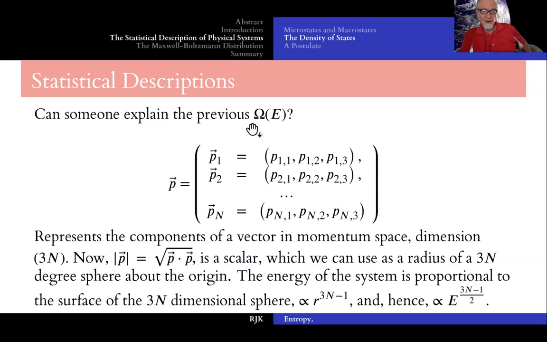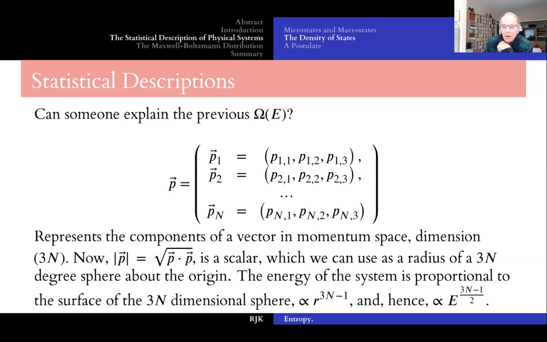I'm jumping way ahead, but the log of omega is the entropy of the system. So we're trying to understand how a number of particles exist within a particular volume of momentum space. And the way in which we can determine that is by measuring the energy.